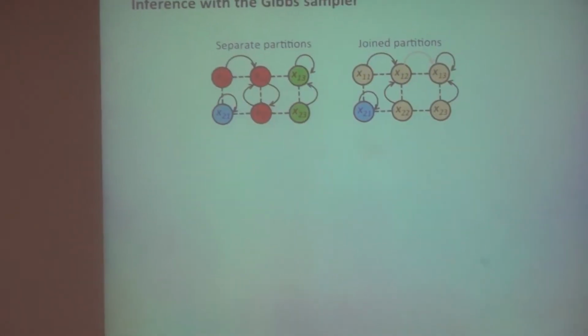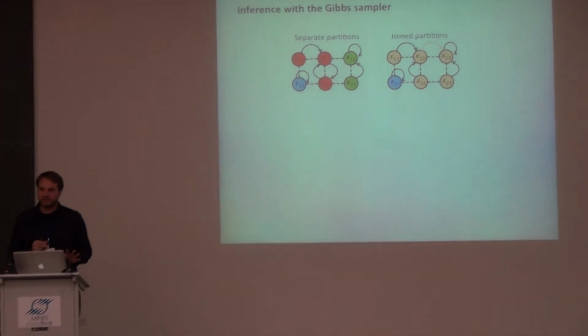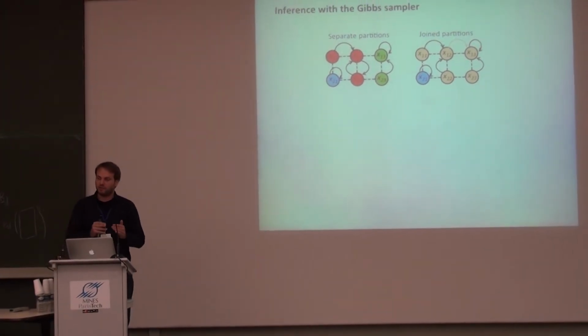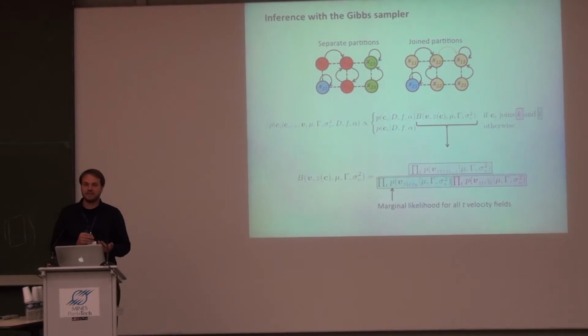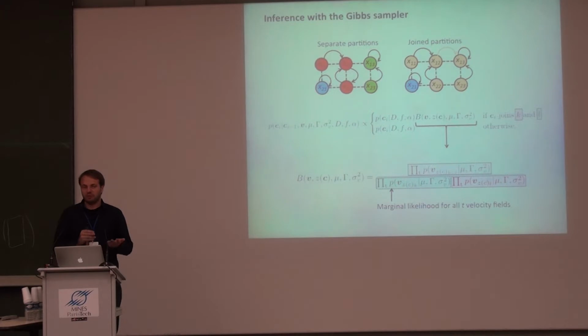we can essentially test for different configurations how well the model fits, and we can compare the ratio between different models. So we go back to the partitioning, where we have either a separation or a merging of partitions, and we extend the probability distribution over partitions that we saw before to include a Bayes factor that tells us if it's favorable to merge existing partitions or not to merge.